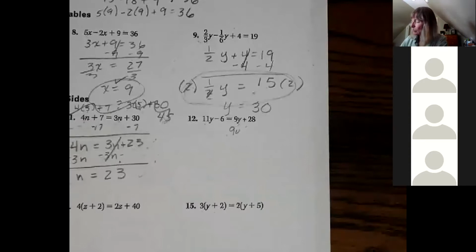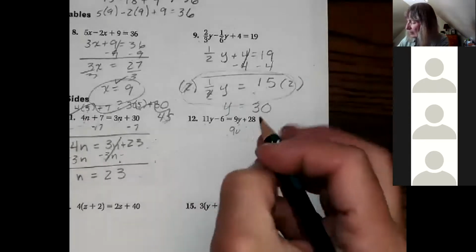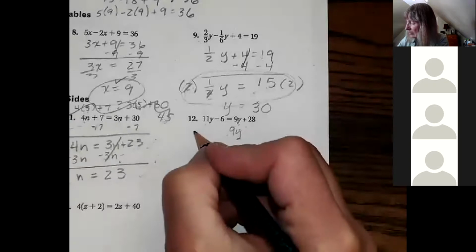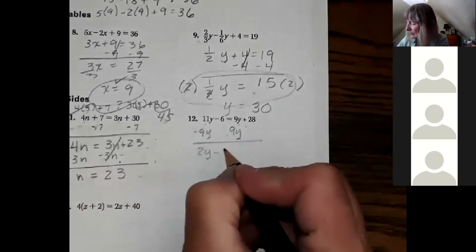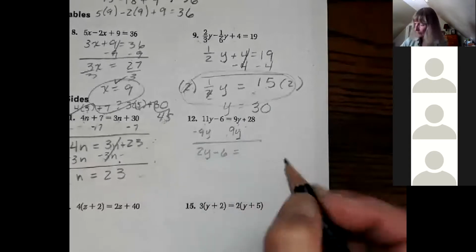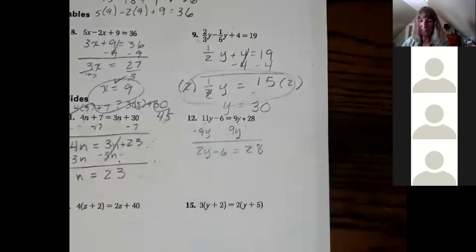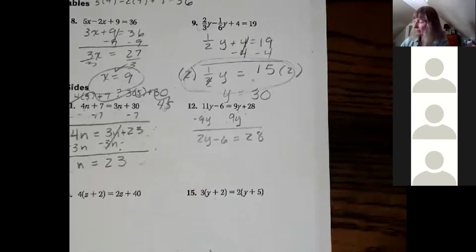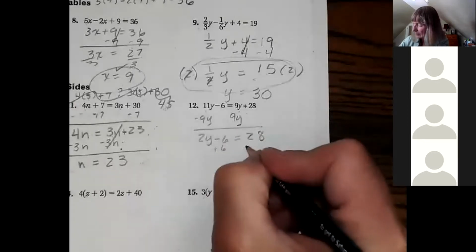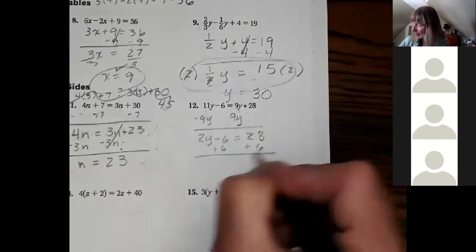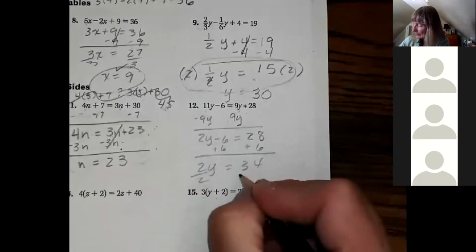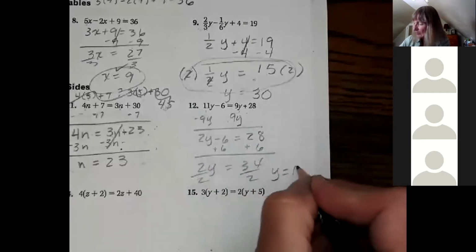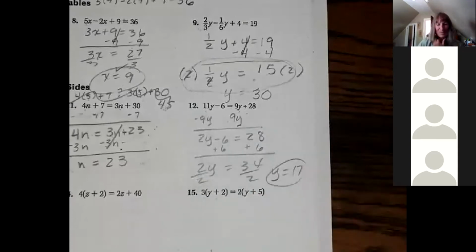So, let's see this one. I got 17. That's what I got too. That's what I get too. Must be right if we all got the same answer.